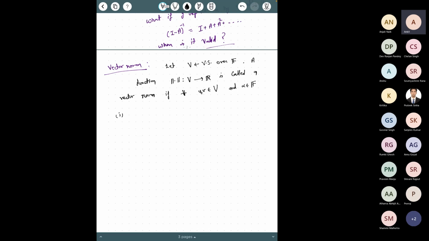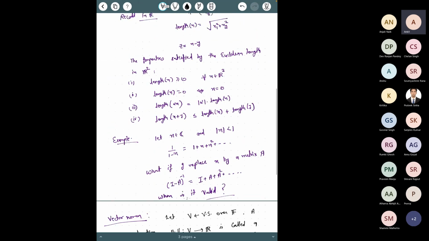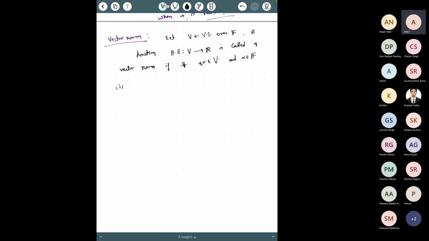These four properties are inspired by the properties satisfied by the Euclidean length in R2. I keep in mind these properties satisfied by the Euclidean length while defining the norm function.